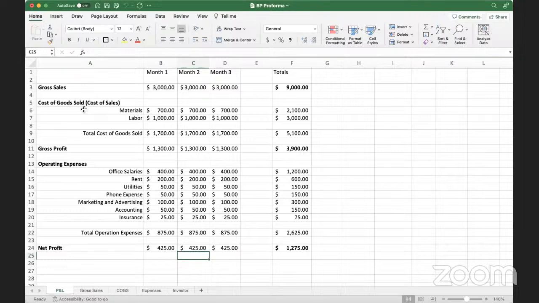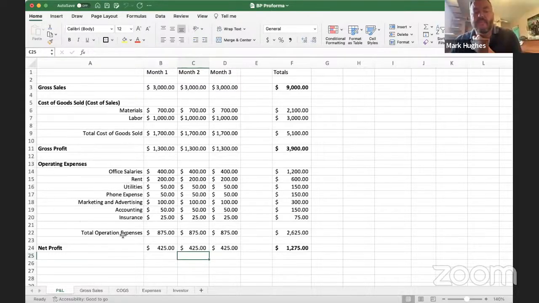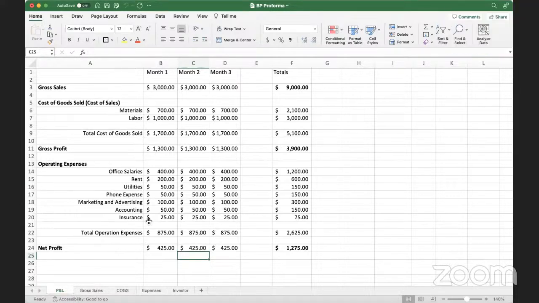And the last one is the operating expenses of what it costs you to operate your business.